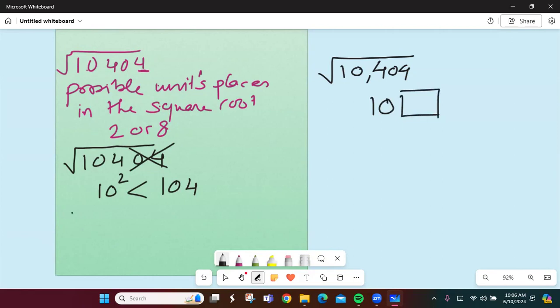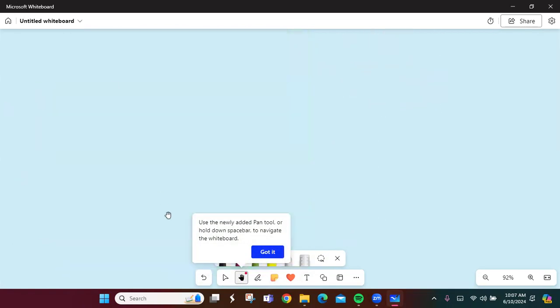For that, take 10, multiply by the next integer. 10 into 11 is 110, and 110 is greater than 104. Since I got the greater than sign here, I'll select the smaller of the two digits on the units place, that is 2. And hence the square root of 10,404 is 102.